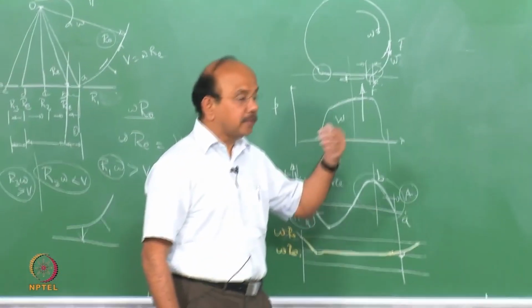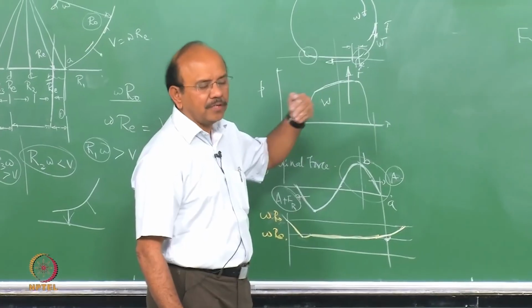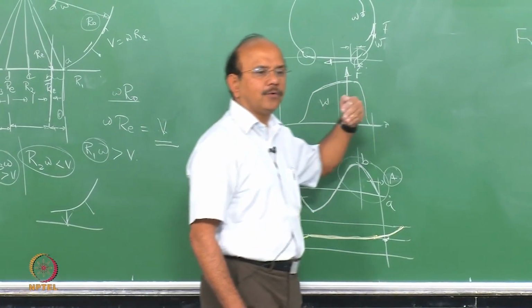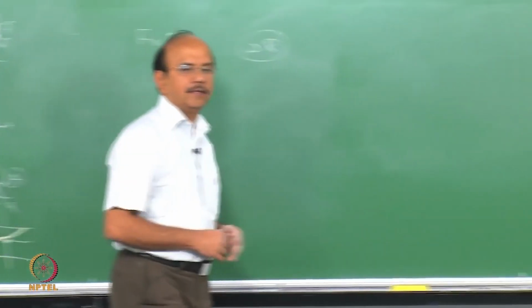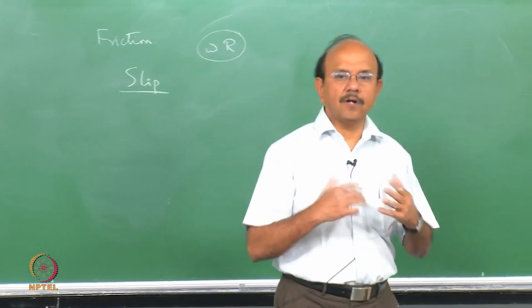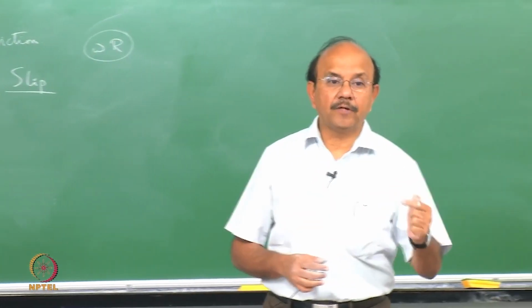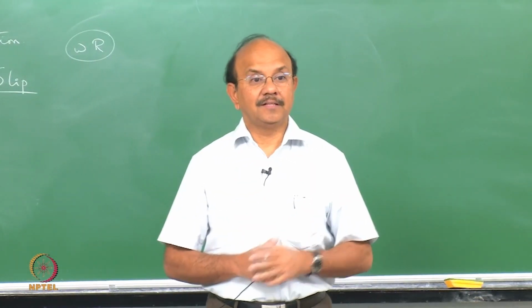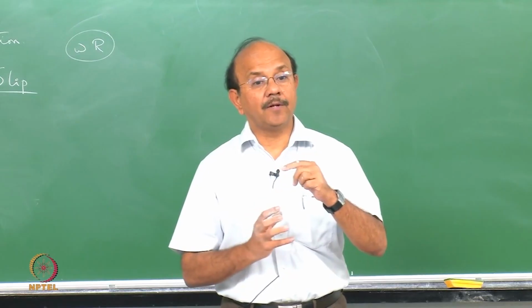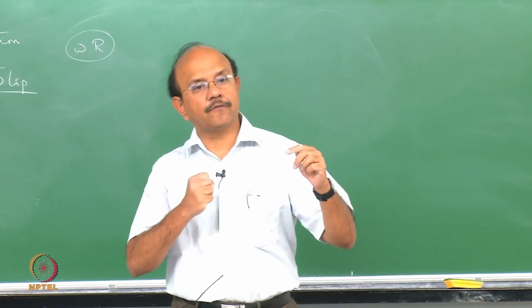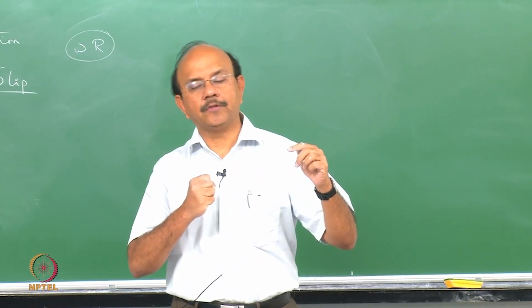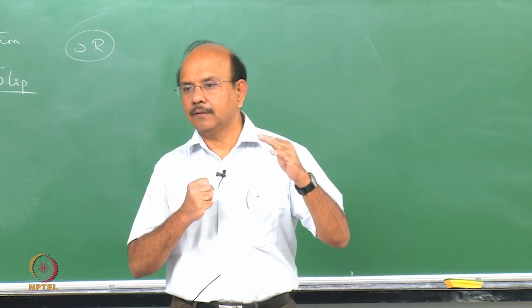Our next goal after this is actually simple when compared to what happens during cornering, because during cornering I have to develop a centripetal force. And the centripetal force is also developed because of this kind of interaction between the road and the wheel.